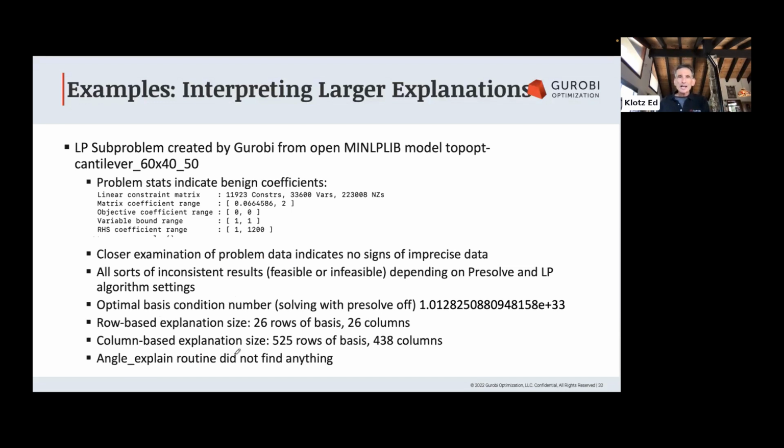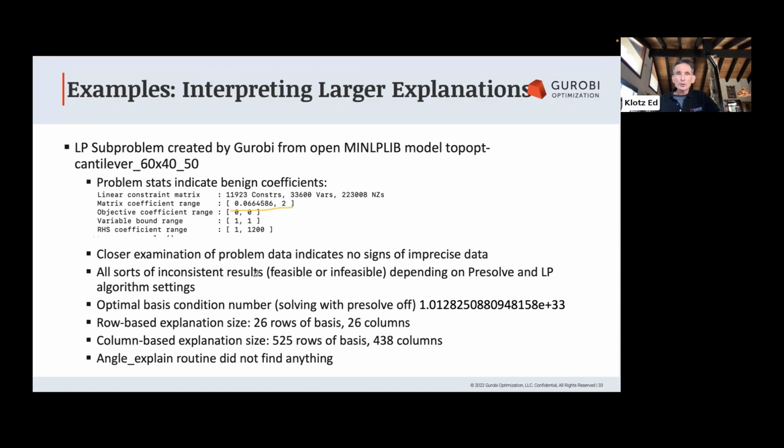Let's move on to a second one. This is actually a sub-problem that Gurobi created from an open problem, but it is available in the package. The problem statistics indicate everything is benign. Turns out there's no obvious sign of imprecise data.